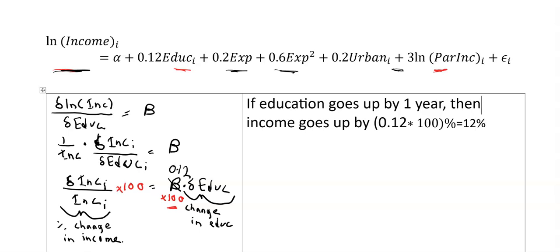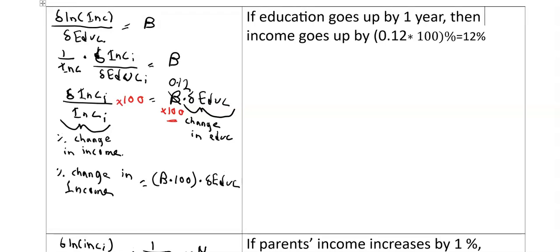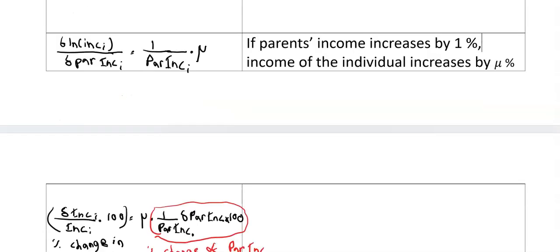So if education goes up by 1 year, then my income should go up by 12%. In the next case, if I have mu equals 3, then I don't need to change anything. Parent's income goes up by 1%, income of that individual will go up by 3%.